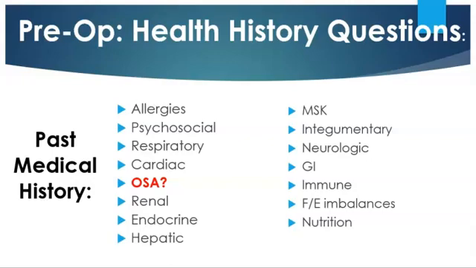All of those things are really, really important. We will in particular go over OSA in just a little bit, but I mention it so that you realize that it is part of the health history. Each surgery does have its own worries and its own concerns, but we really try to minimize any complications if at all possible.